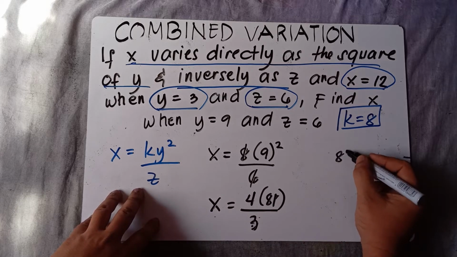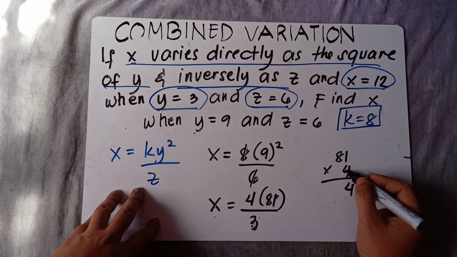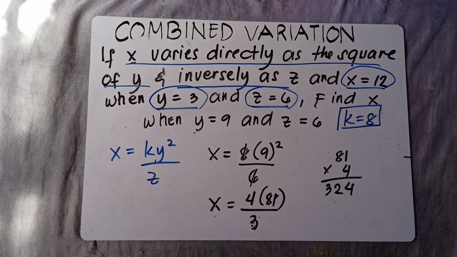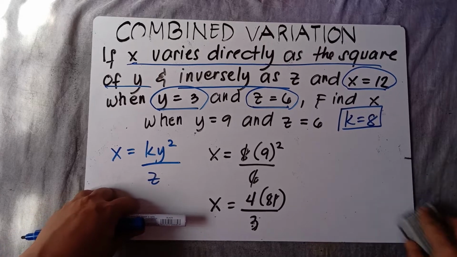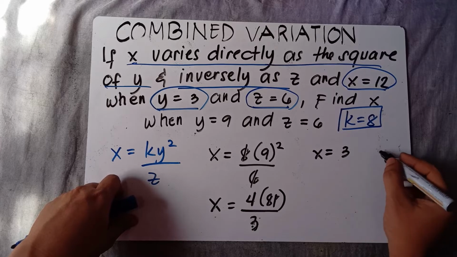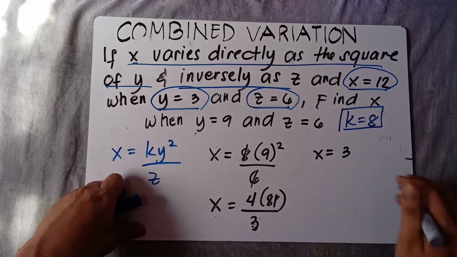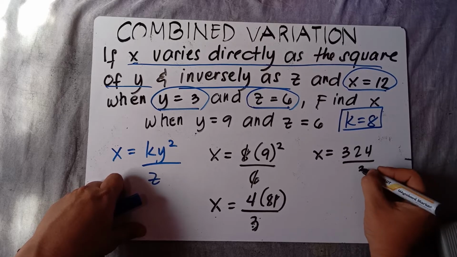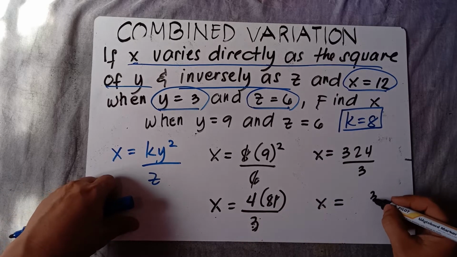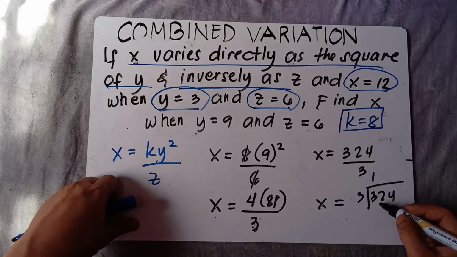So 81 times 4. 4 times 1 is 4. 8 times 4 is 32. So x equals 324 over 3. Let's divide 324 by 3. 3 divided by 3 is 1.